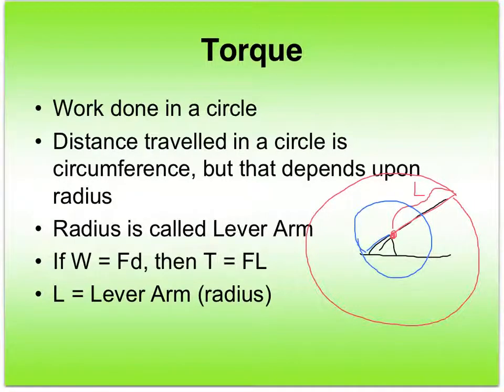Now I have a wheel and axle. My lever has become a wheel and axle, and this is a smaller lever arm right here. So instead of looking at the circumference and how far I've gone, I'm looking at the ratio of these two lever arms. But for torque in general, I'm just looking at the lever arm itself. So if work was force times distance, then torque is force times lever arm, where this lever arm is your distance.